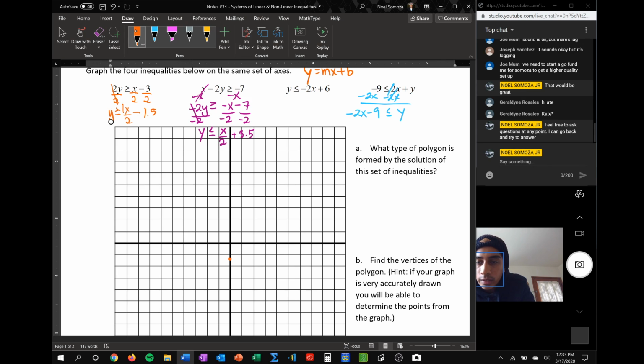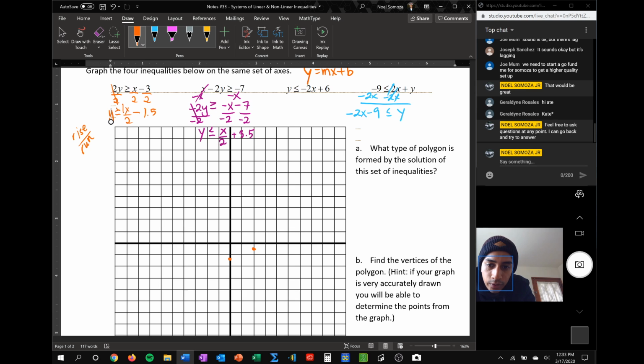So I rise 1. Remember, slope is rise over run. So 1 over 2, I rise up 1. Remember, it's not going to go just up here to the dashed line and stop. You've got to go a full step. So it goes up here and then run 2. So you end up right there. And then let's do that a couple more times.